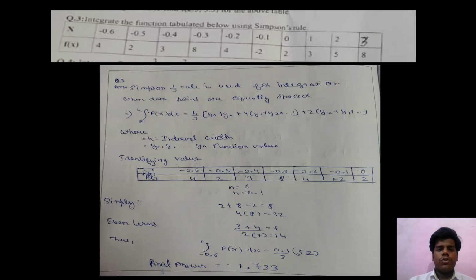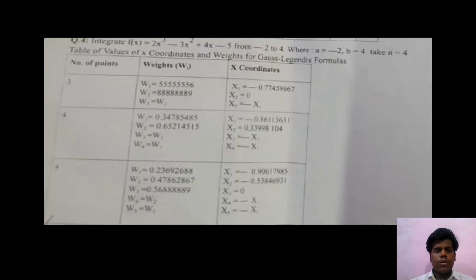Now let's move to question 4. Integrate f(x) equals 2x cube minus 3x square plus 4x minus 5 from minus 2 to 4, where a equals minus 2, b equals 4, take n equals 4, using the table of x coordinates and weights of the Gauss-Legendre formula.